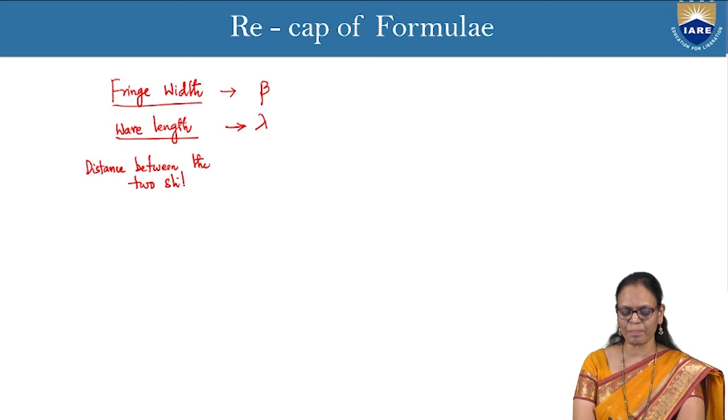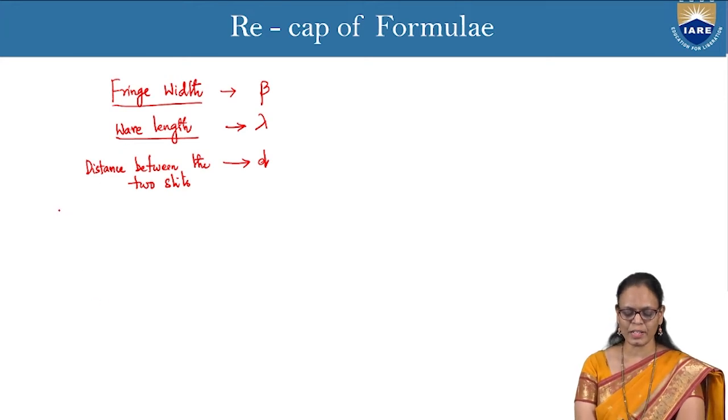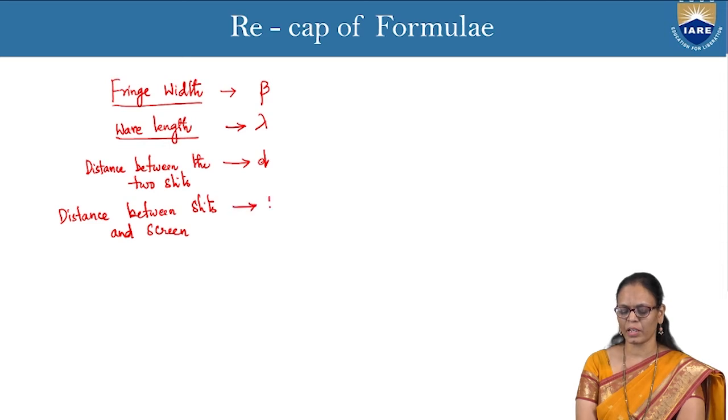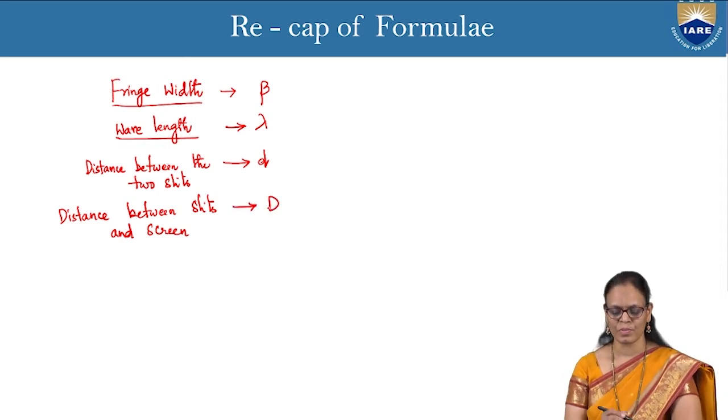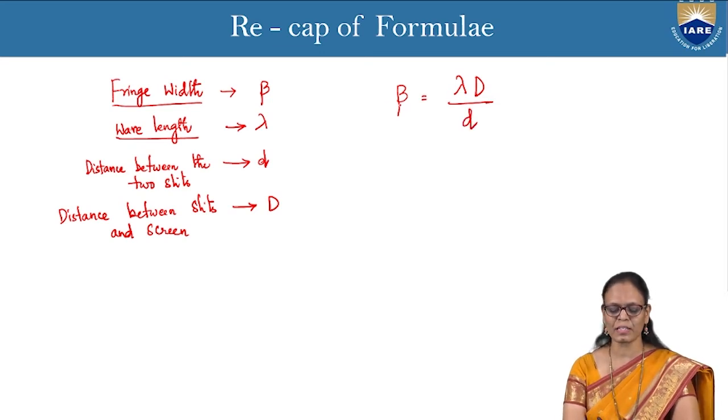The two slits are separated by distance small d, and the distance between the slits and the screen is capital D. So if we have to write the expression for beta, beta is equal to lambda D upon small d. Beta is the fringe width.